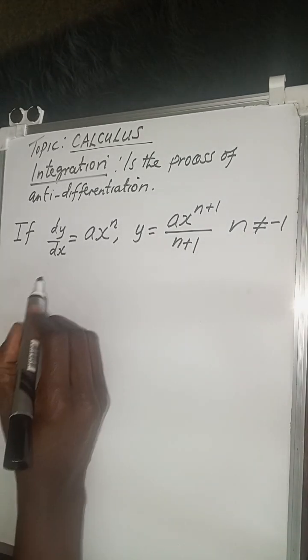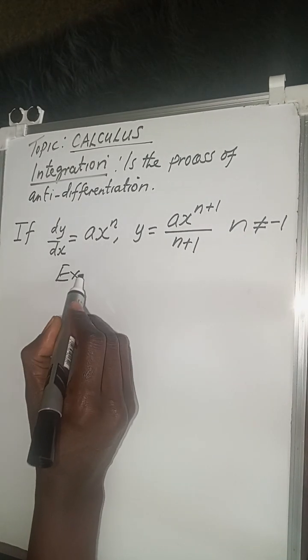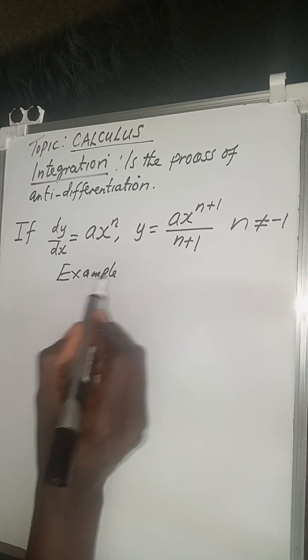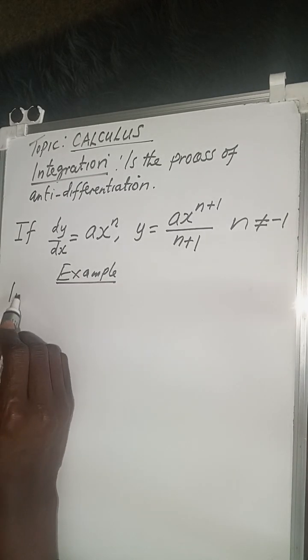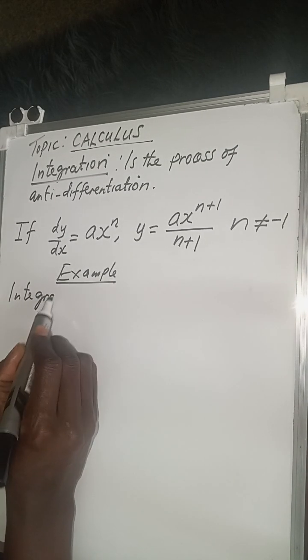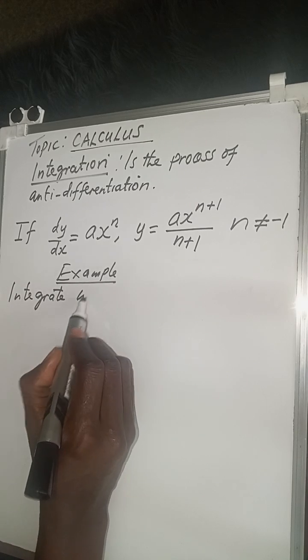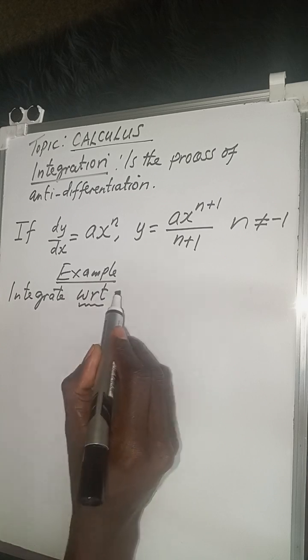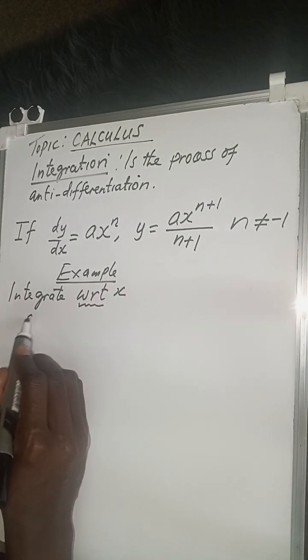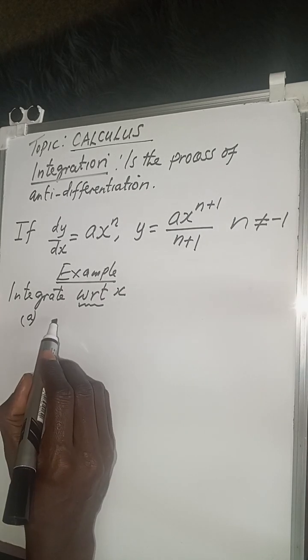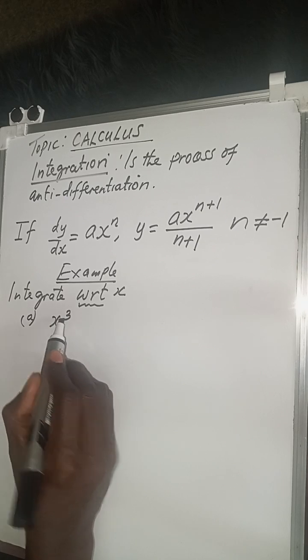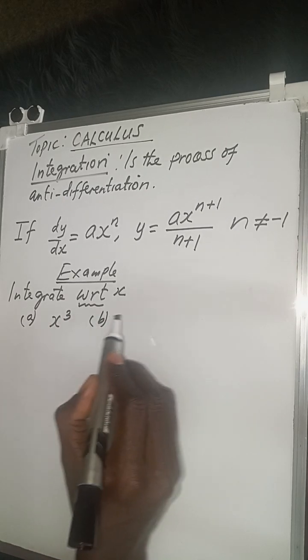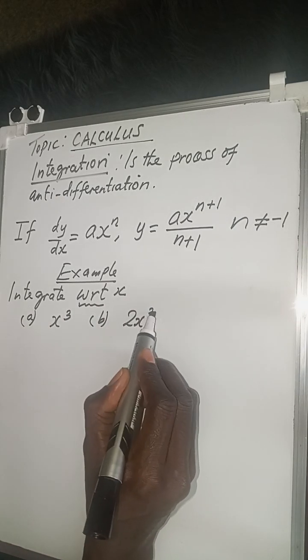For example, we can tell you to integrate, WRT, that means with respect to x. So let's say integrate with respect to x. Maybe you have x to the power 3. Let me say b, you have 2x to the power 2.